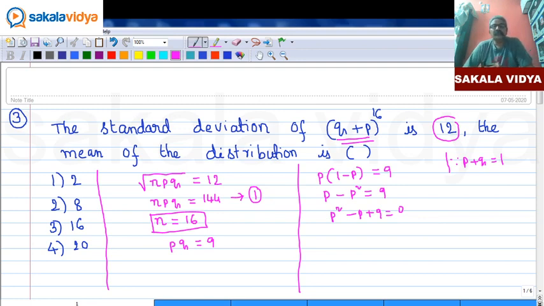Option 2, 8. Root of standard deviation of (q plus p) whole to the power of 16 is 12. Right. 144, 9. One minute, actually something is wrong with this question. I will check it now.